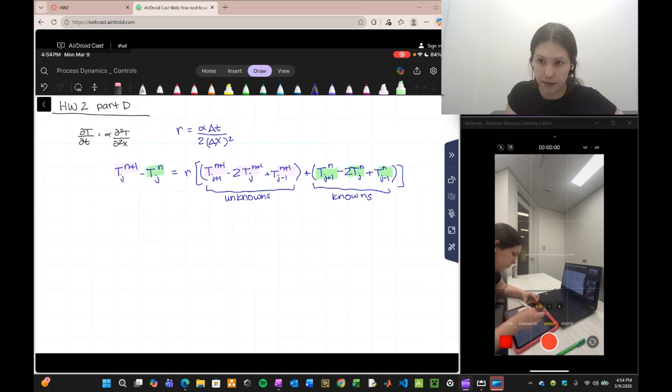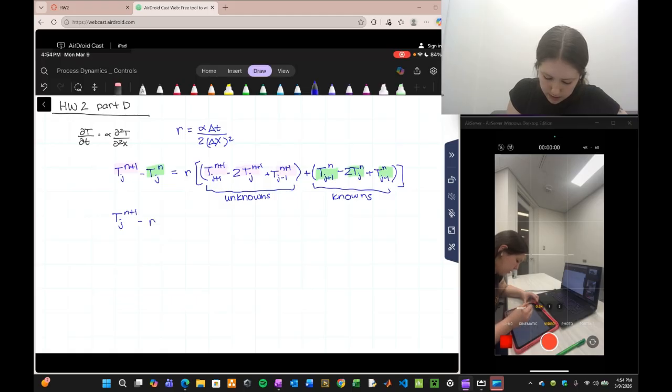So we can rewrite this to be T sub j at n plus 1 minus R T j plus 1 at n plus 1, and then plus 2R T sub j n plus 1, and then minus R T sub j minus 1 n plus 1.